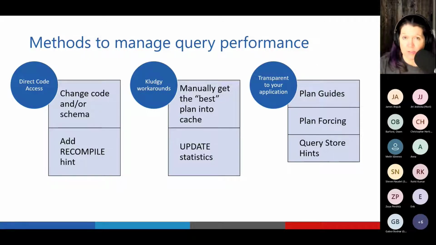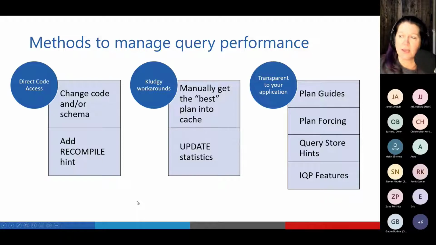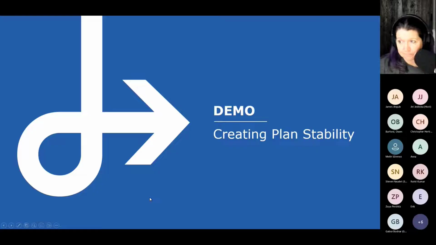All you need to do for forcing is, well, not all you need to do, but you have to have DB owner permission, right? So it's not that just anybody should be able to do this. You should know what you're doing, but it's very easy to turn on and turn off. And then there's also IQP features, which will be discussed later today, that are transparent to your application, which can absolutely help with managing performance and don't require any additional work by you either.